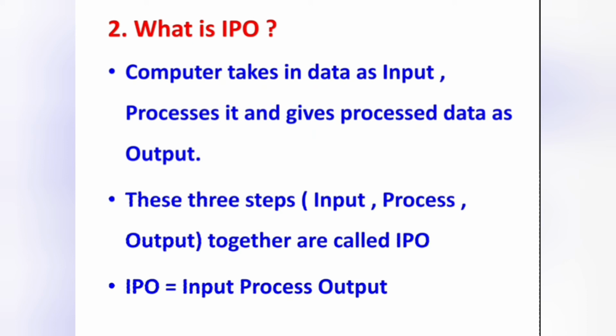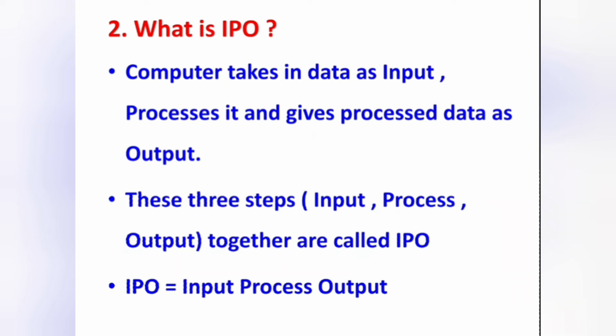Here, what is the expansion of IPO? IPO means input, process, output. So what is IPO? Computer takes in data as input, processes the given data and gives processed data as output.